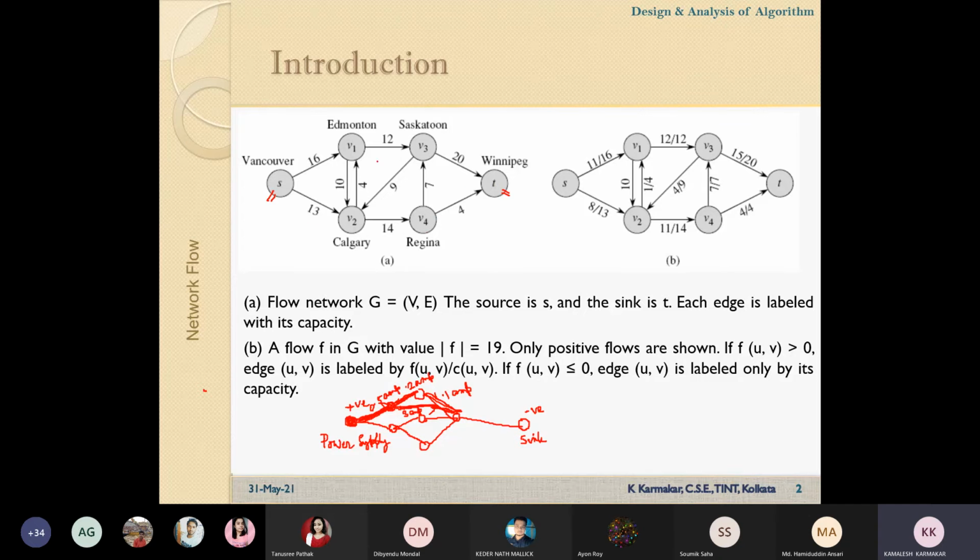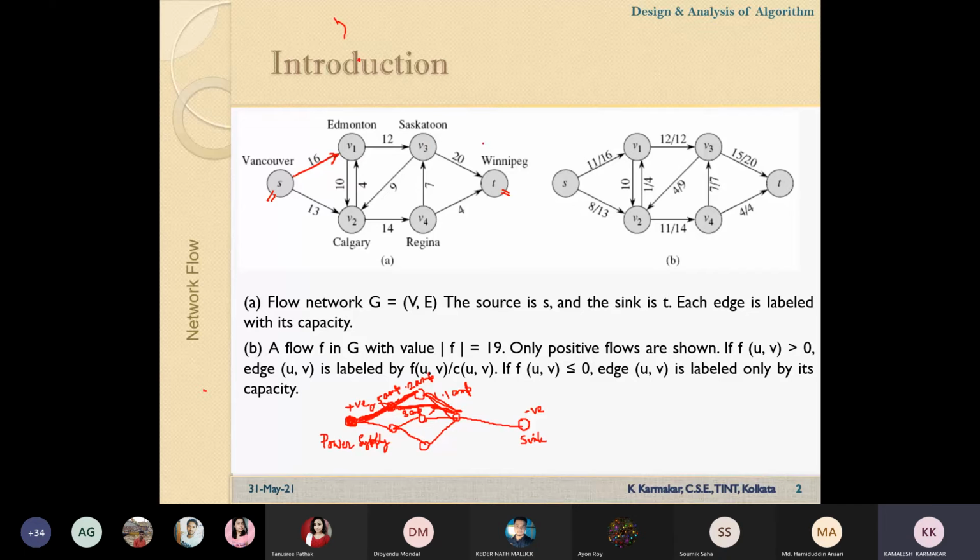We have to calculate the maximum flow between source and sink. A flow cannot be a negative number, obviously. From source to sink, flow is a positive number. So this is the given graph. These directions represent that from S to V1, 16 units can be transferred in a clock. So in a clock we can transfer 16 units from this to this.